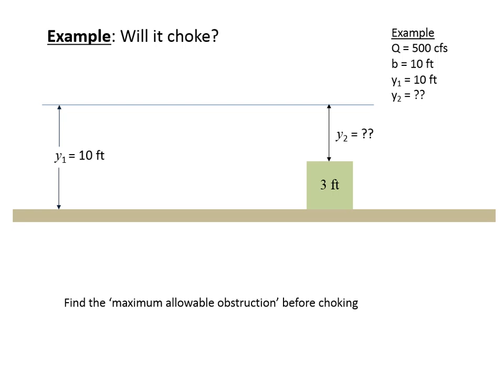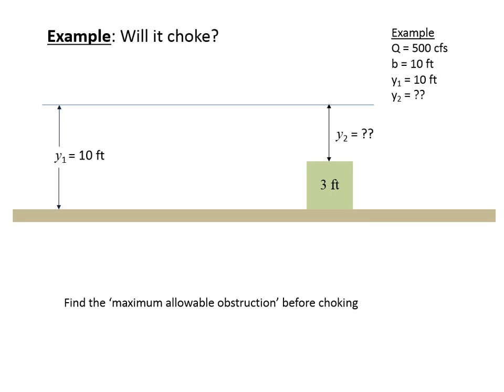And the reason why it may be convenient to express it like that is that we know the flow rate is 500 CFS, and so let's substitute in all of the numerical values that we've got. 10 feet is the flow depth at 1, and the 500 cubic feet per second squared divided by 2 times g, and 100 square feet squared.